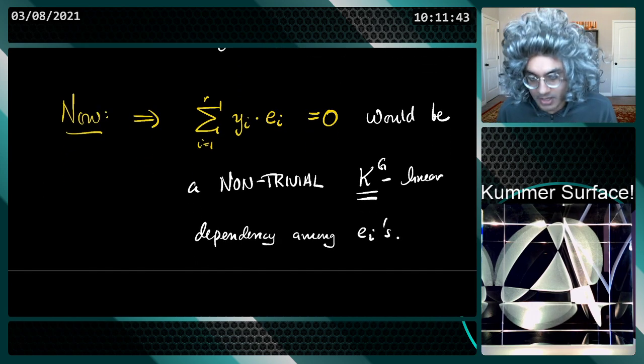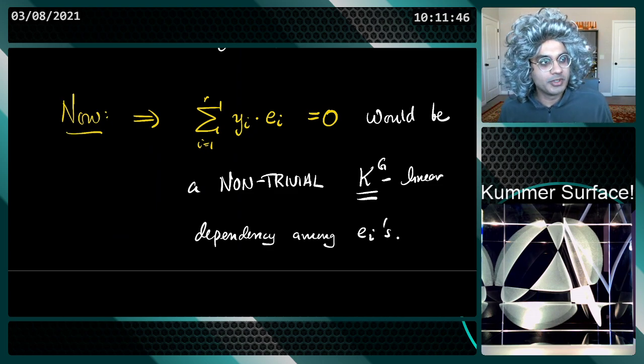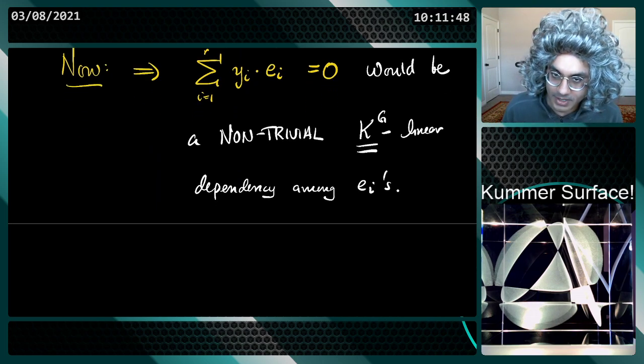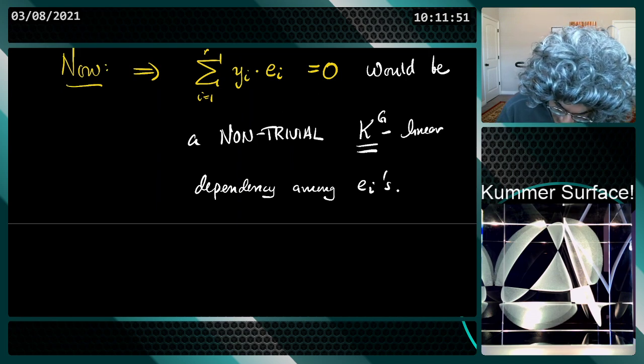That's a contradiction because the Ei's were assumed linearly independent in the beginning of this case. Okay, that's bad.